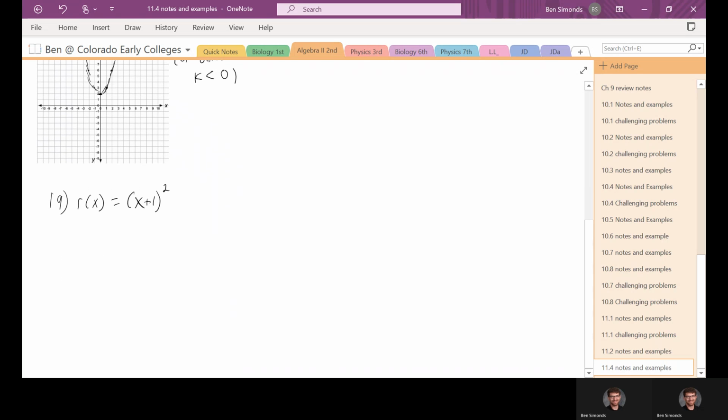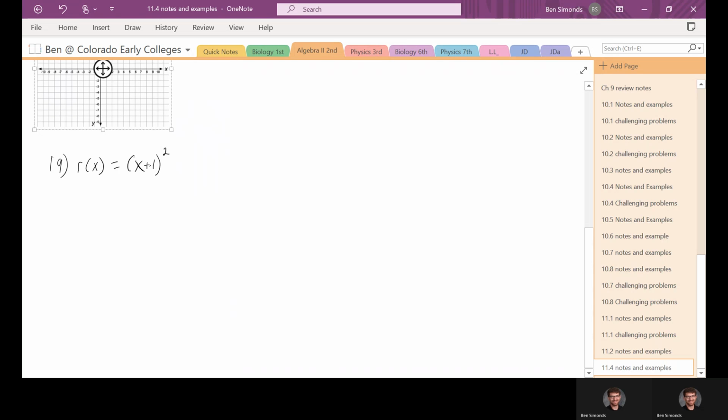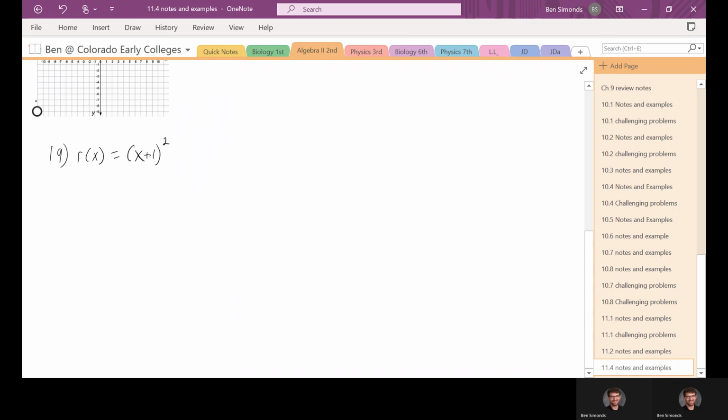So when that happens, we get something in the form of, if it would please stop selecting that picture, that'd be nice, f of x equals x minus h squared. And so what does that mean?